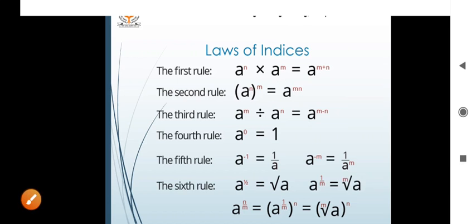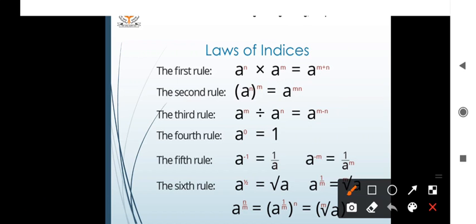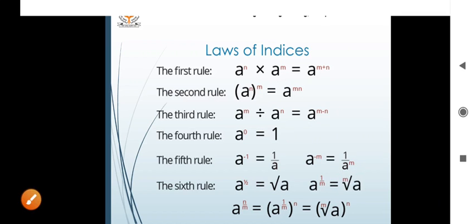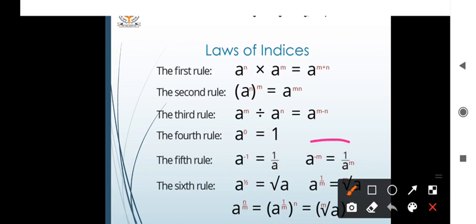If it is mth root of a, then you can write a raised to 1 upon m. In the same way, you have the result for a raised to minus m as 1 upon a raised to m. And if m equals 1, then you get 1 upon a equal to a raised to minus 1.